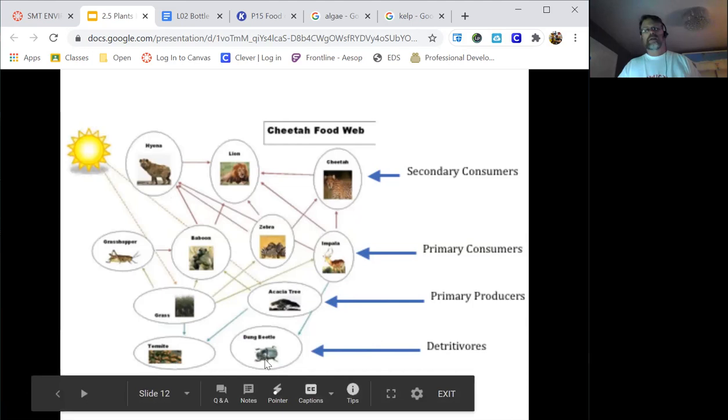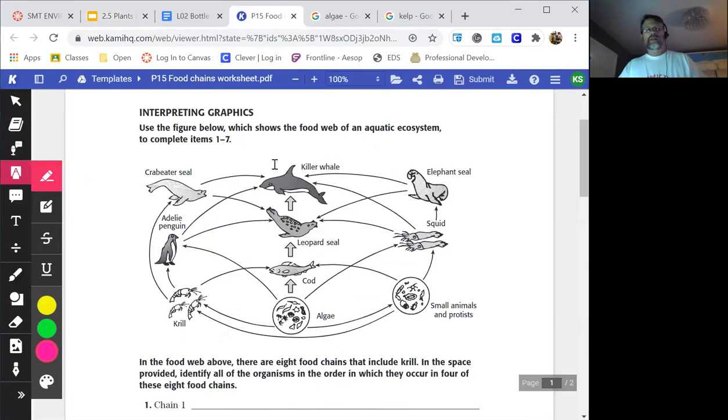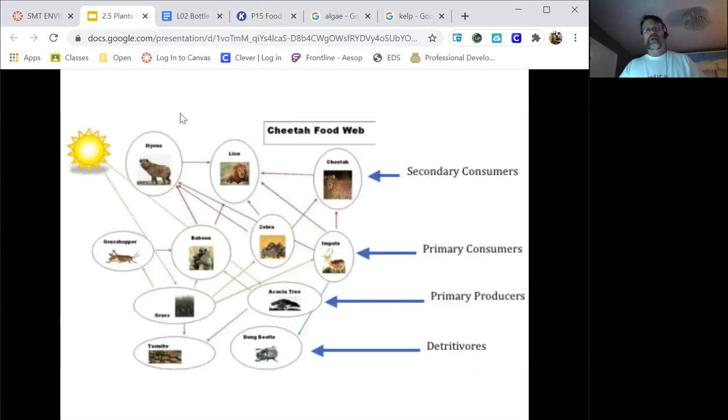They're going to leave behind matter and energy, and those will be decomposed to push nutrients back into the soil, where our autotrophs and primary producers can then combine those nutrients with energy from the sun and start all over again.